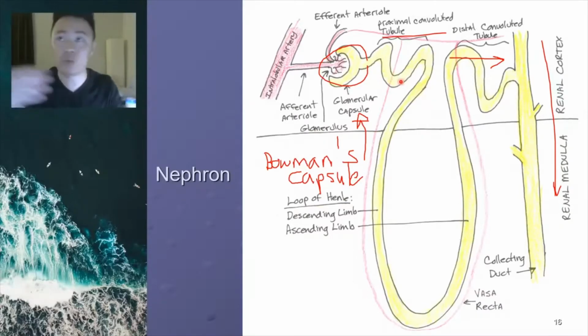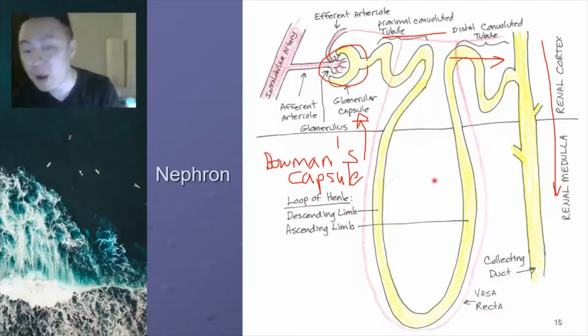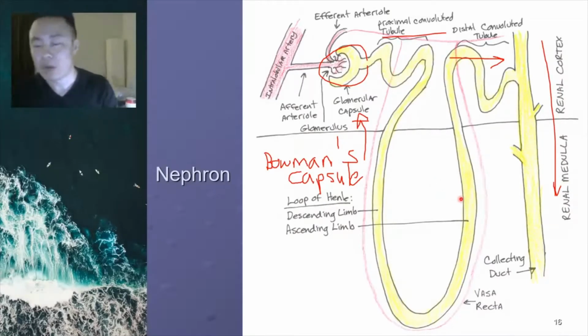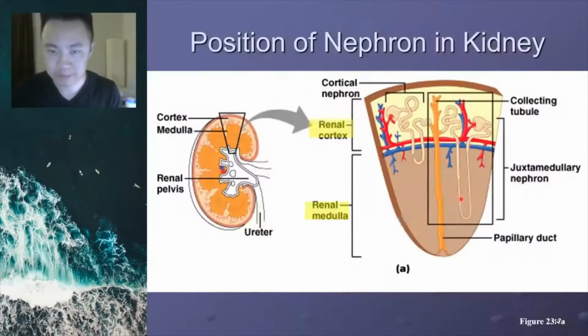So it affects which molecules are going to diffuse across, which ones are going to move out of the loop of Henle, and which ones are going to go into the loop of Henle, so that will be very important there.